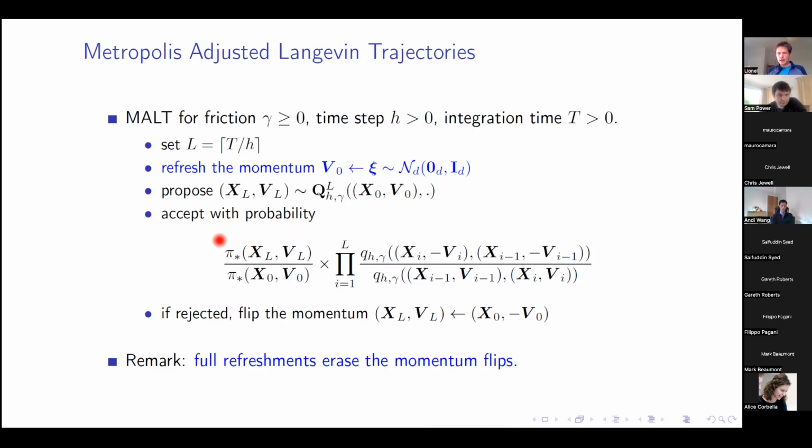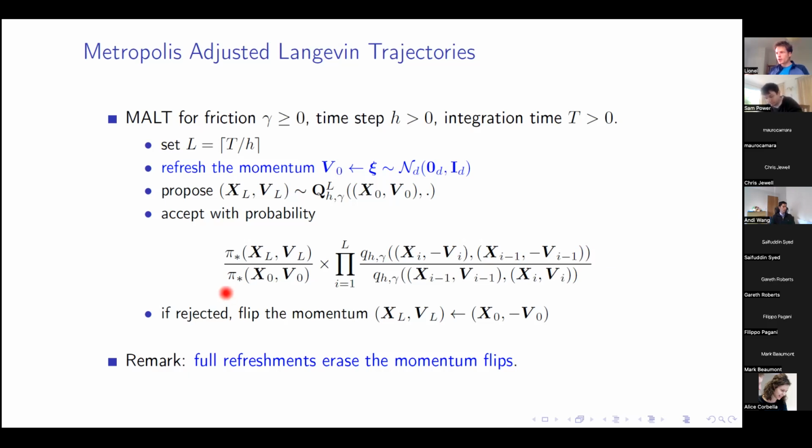As soon as gamma is positive, what happens is that this kernel now has a density with respect to Lebesgue measure on R^{2d} that we will denote small q_{h,gamma}. And it turns out that if you multiply this ratio by the ratio of these densities, which are densities over the space of trajectories, where in the denominator we get the density of the forward trajectory, and in the numerator the density of the backward trajectory with flipped momentums, we actually obtain an acceptance rate that characterizes the standard Metropolis correction.